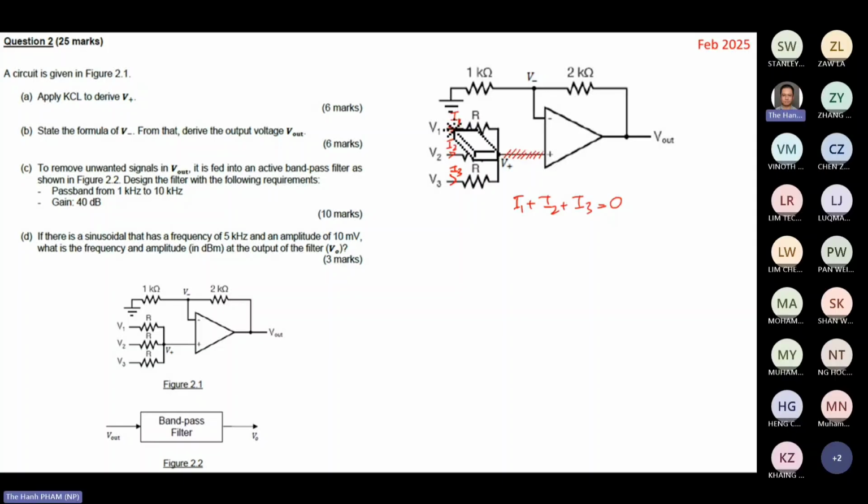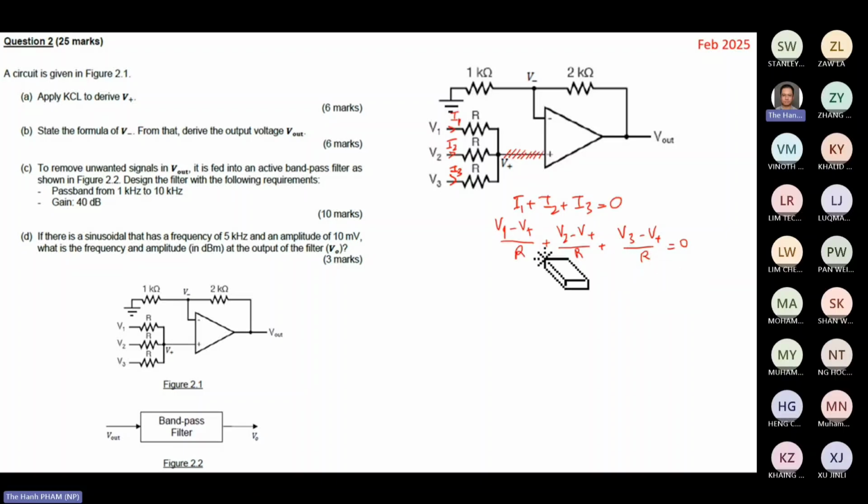The formula for I1, which is Ohm's law, is V1 minus V plus divided by R. I2, same thing, V2 minus V plus divided by R, and V3 minus V plus divided by R. This one is all 0. So basically, they are all divided by R, right?